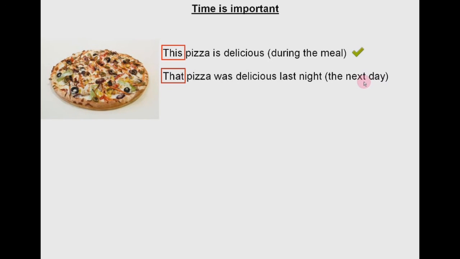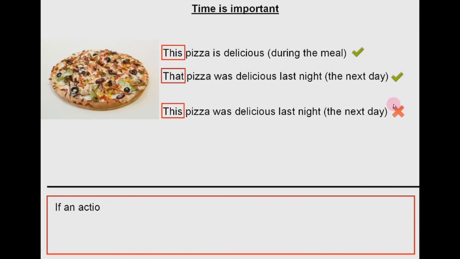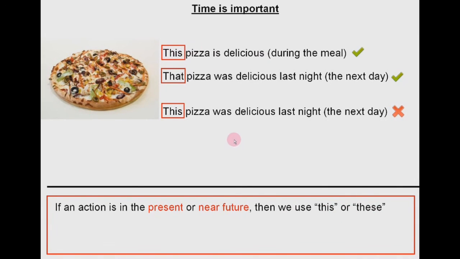So the next day, this is what we say. That is correct. But this is wrong. The next day, when we use the past tense, we do not say, this pizza was delicious last night. That is wrong. So the rule here, if an action is in the present or near future, then we use this or these, like here.